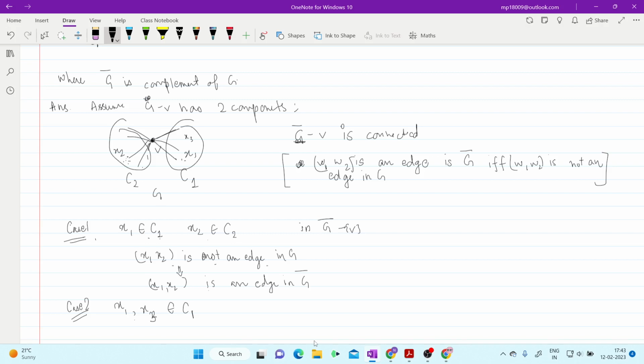So now we have that x1 and x3 are belonging to the same component. Now can we find a path between x1 and x3 in G bar?